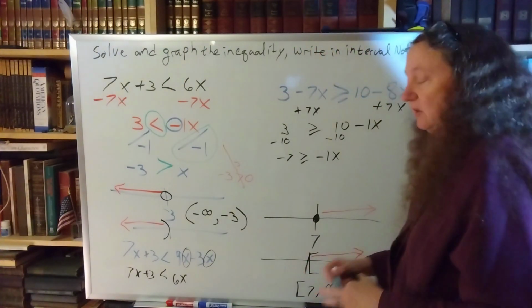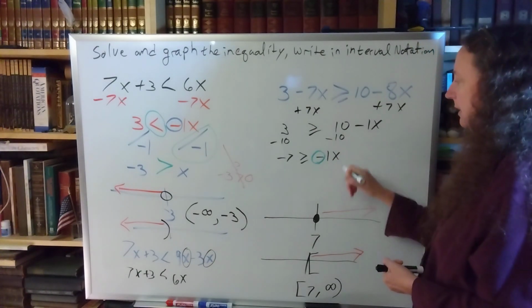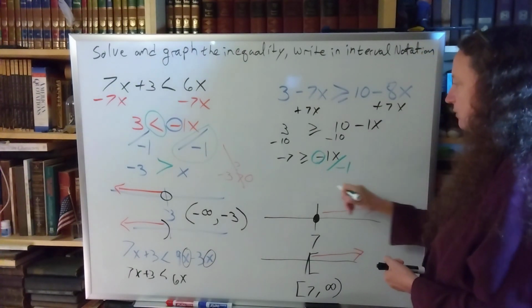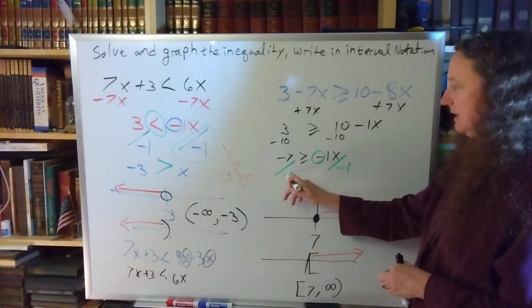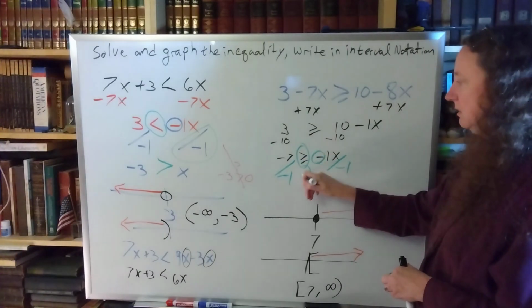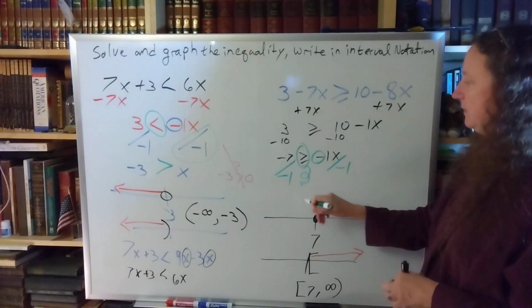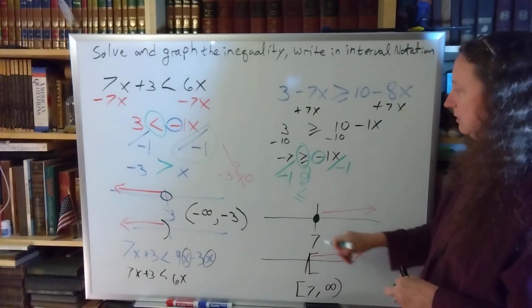So that's allowable. That can be done. But I have that negative there now. So I have to divide out -1. And when I'm dividing that -1 out, I also have to switch that sign. So it now becomes less than or equal to.